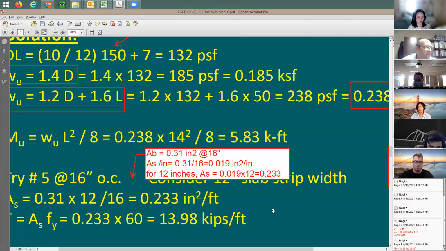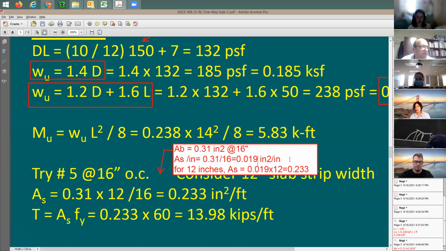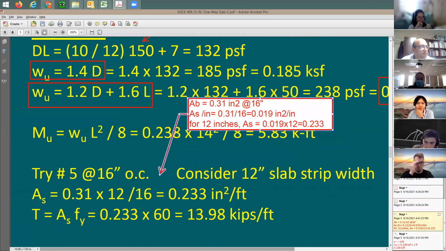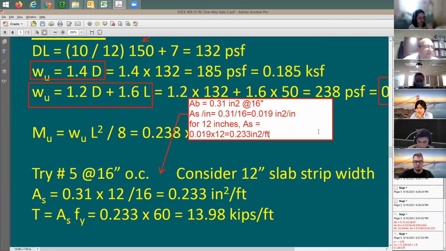Yeah, 0.233, which is this one here. This is exactly what I'm doing in this equation. For a 12-inch slab strip width, As is 0.31 divided by 16 inch to find how much per inch, and then multiply by 12 to find how much I have per foot. So the units here are square inches per foot.